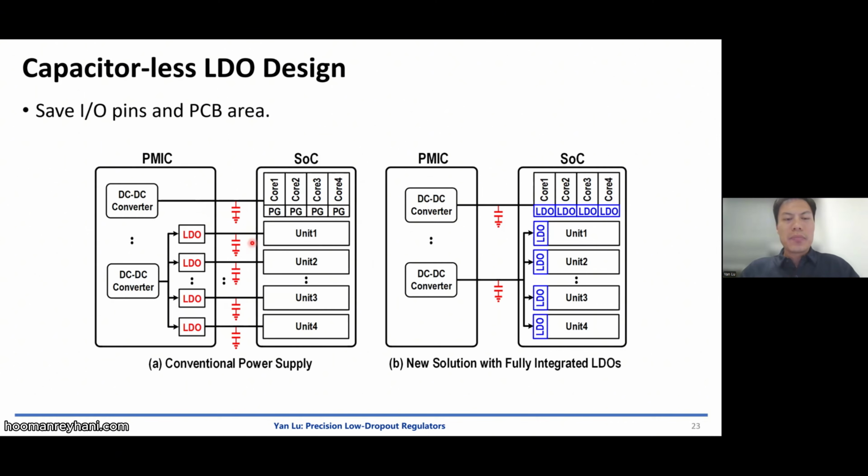Another thing is if the LDO is far away from the load, the performance will not be good, both for transient response and power supply rejection, right? If the capacitor or the on-chip LDO is very close to the load, then it can provide a better supply in terms of ringing, supply ripple, noise, etc. So that's why, of course, we want to have a capacitorless LDO.